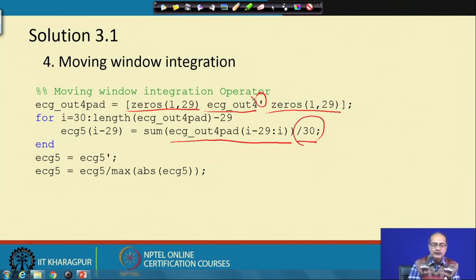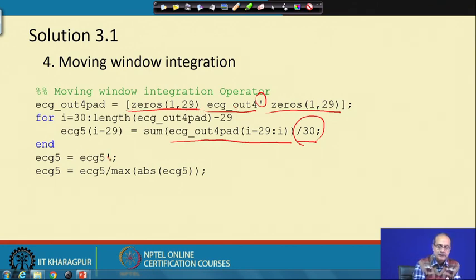We had a column vector, we have converted it into a row vector and padded both sides with 29 zeros. So, that when we take the average, we can have the output for all the elements corresponding to the ECG samples. Okay. Otherwise, what will happen? That will go out of range and it will give an error.